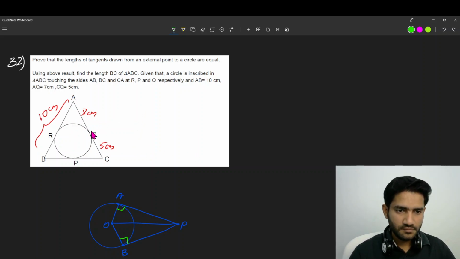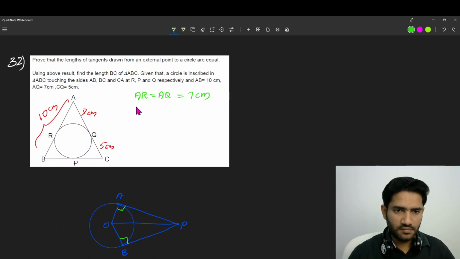Here AQ, QC and AB are given, and we want to find the length of BC. Because tangents are equal, AR equals AQ equals 7 centimeters, as we have proved.